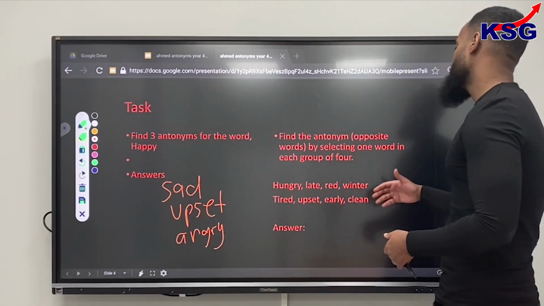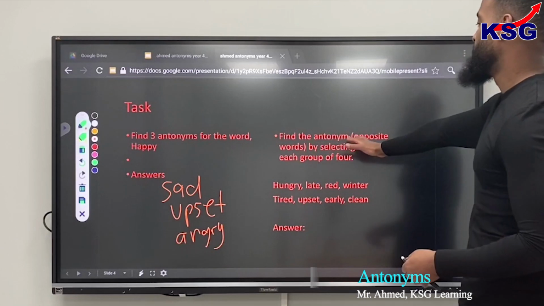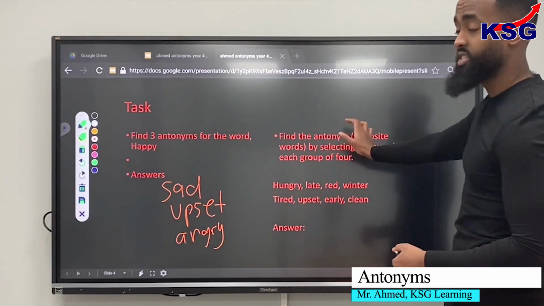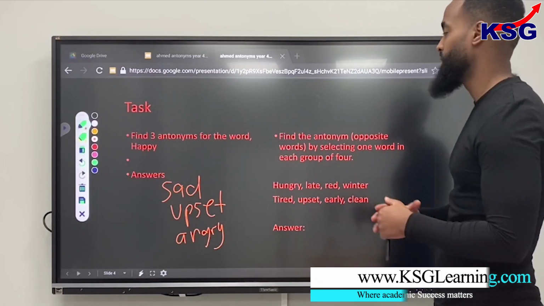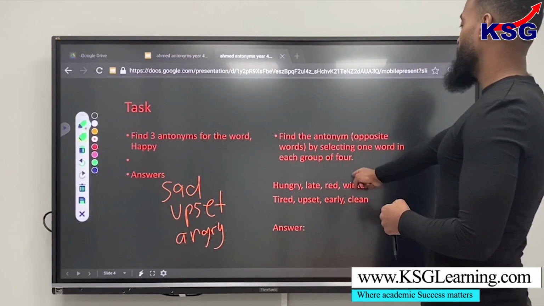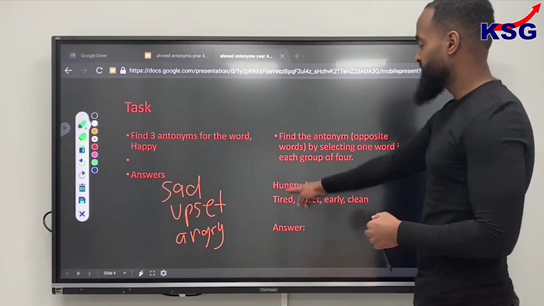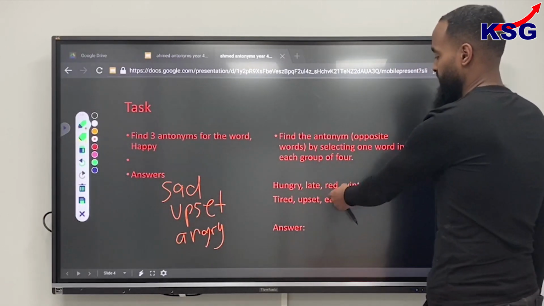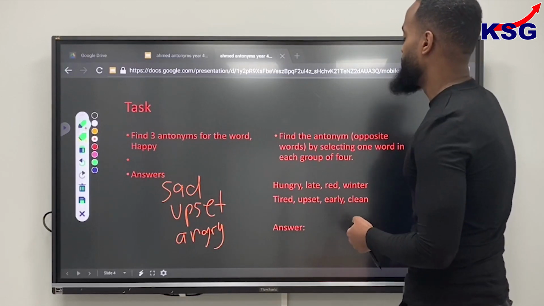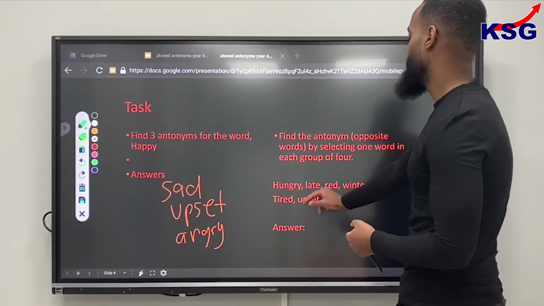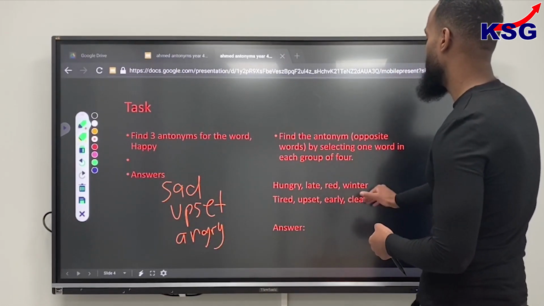Now, if we look at this task here, find the antonym, so find the opposite word. When you hear the word antonym, I always want you to remember opposite, okay? By selecting one word in each group of four. So here's our first group. It's hungry, late, red and winter. And the next group is tired, upset, early and clean.